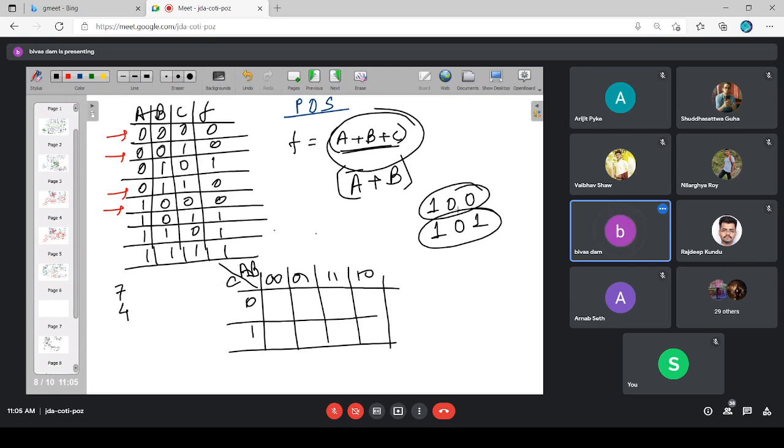And that's why such sum terms are called max terms and designated as capital M subscript i. Now, what is this i? The i is nothing but the decimal equivalent value of the corresponding input combination. And ultimately, from this truth table, how many max terms will be there?